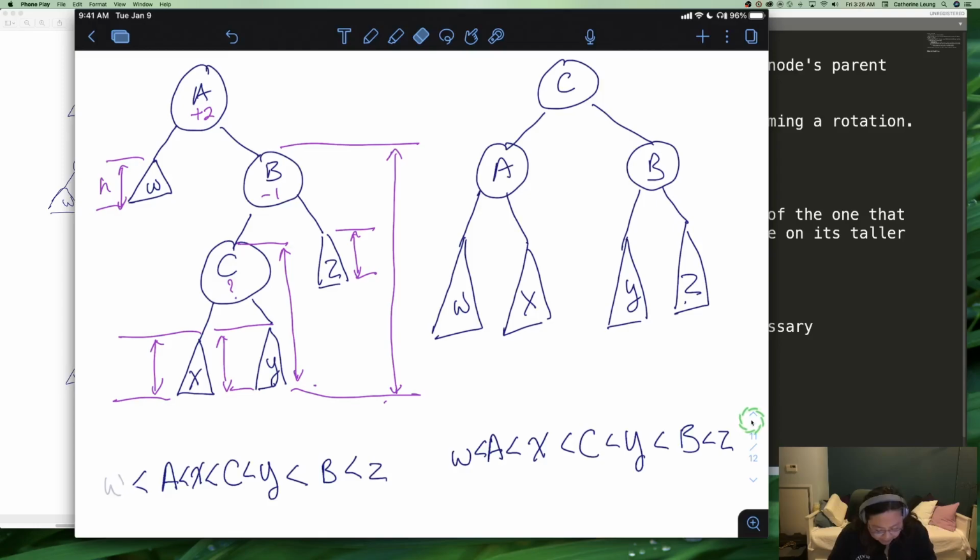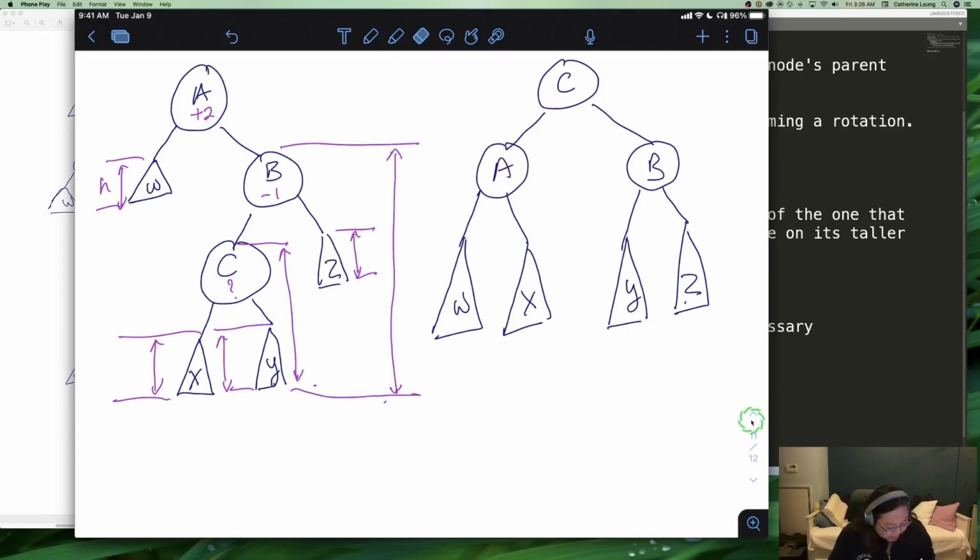So that's good. Now, we're going to use the same principle that we used earlier to figure out how tall everything is. But this one is a little bit more complicated, mostly because we actually don't know what C's balance is. And that's okay. We can actually work with this even though we don't know what this is.